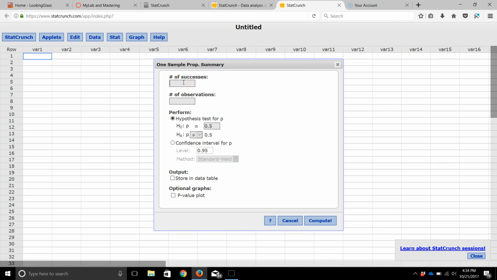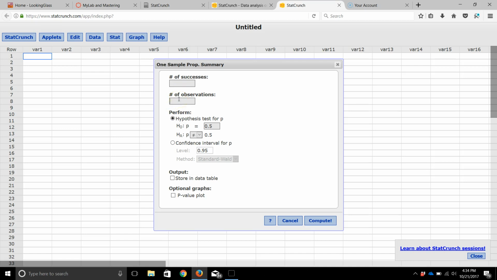For 9.1, number 25, we have a situation where we had a survey of 2,306 adult Americans aged 18 and older, and we found that 417 have donated blood in the past 2 years. So 2,306 is the number of observations.